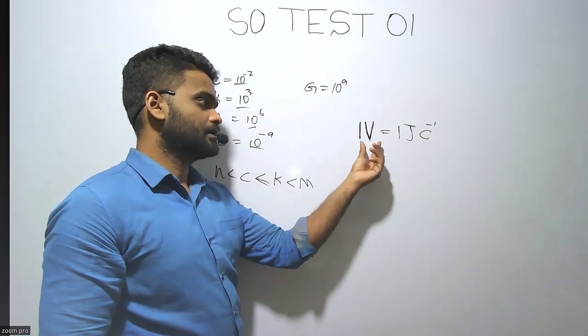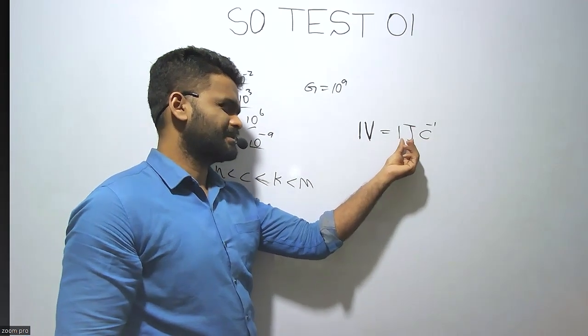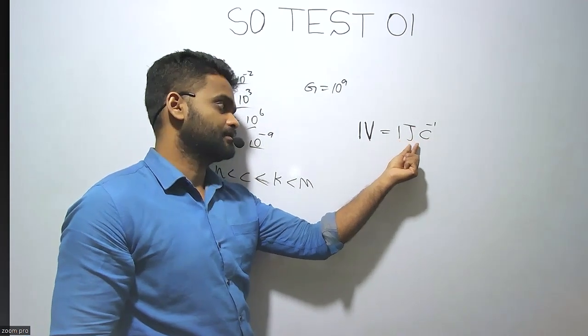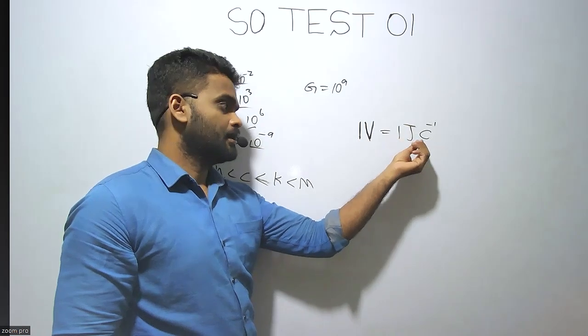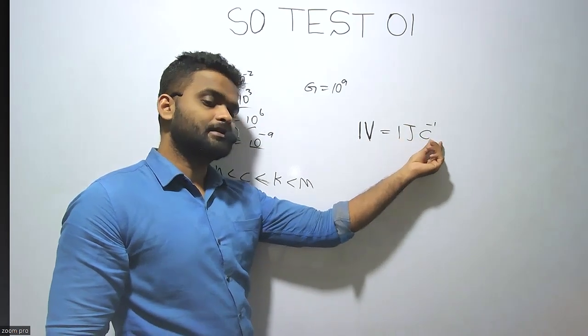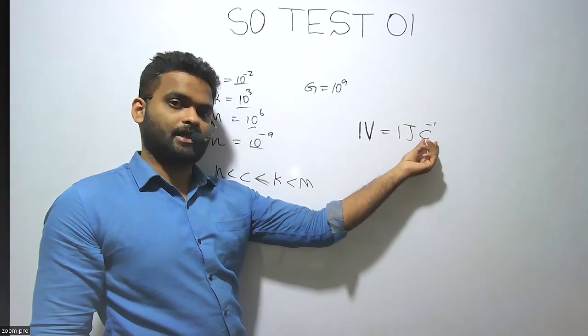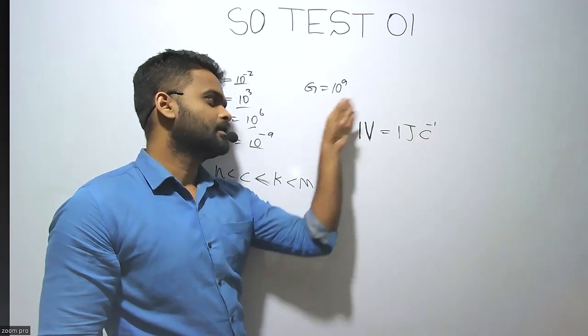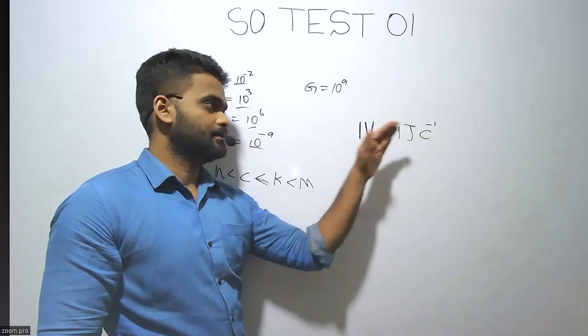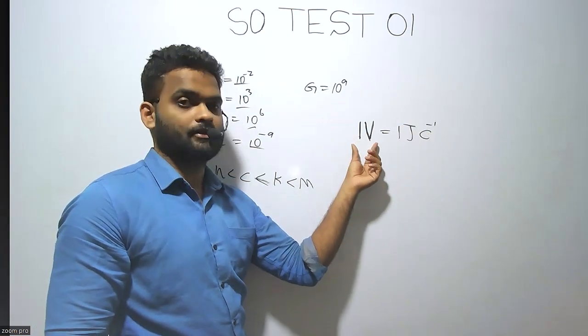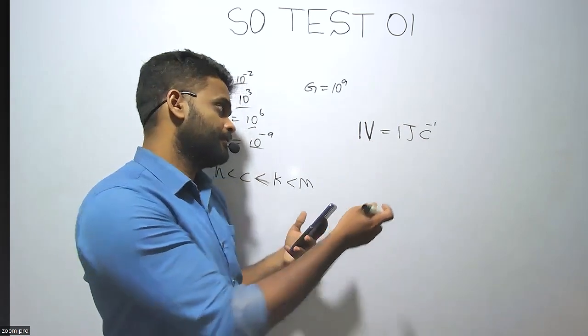So 1 volt is related to energy. That's why joules is there. So energy per unit electric charge. For now, just remember that, right? So this is not a fundamental unit. This is a derivative unit.